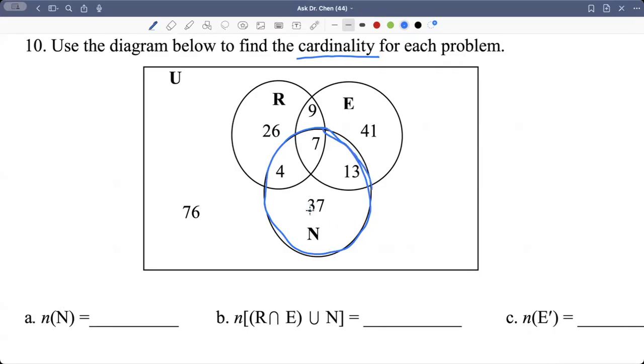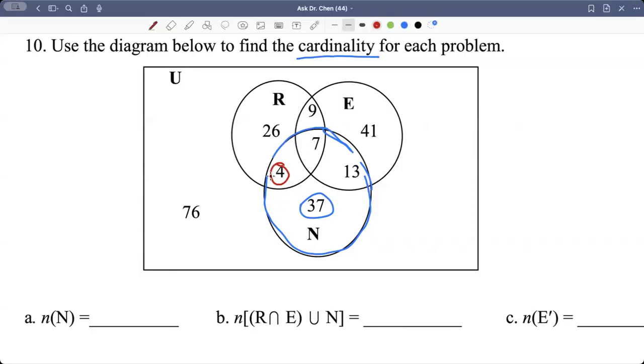How many members are there? 37 plus 4 plus 7 plus 13. So why are the numbers marked like this? Let's just do one by one. These 37 elements are only in N. And these 4 elements are only in the intersection of R and N, right?